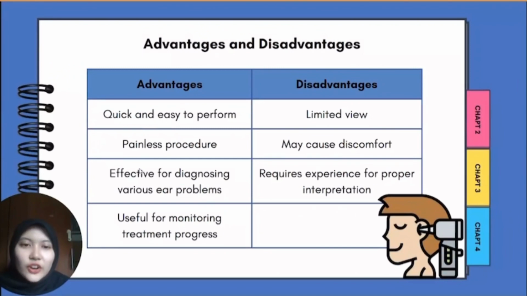Next are the disadvantages of otoscopy. First, we have the limited view. The otoscope only provides a view of the ear canal and eardrum. It cannot be used to examine the inner ear or the middle ear. Second, it may cause discomfort. While it is not painful, some people may experience discomfort when the otoscope is inserted into the ear canal.